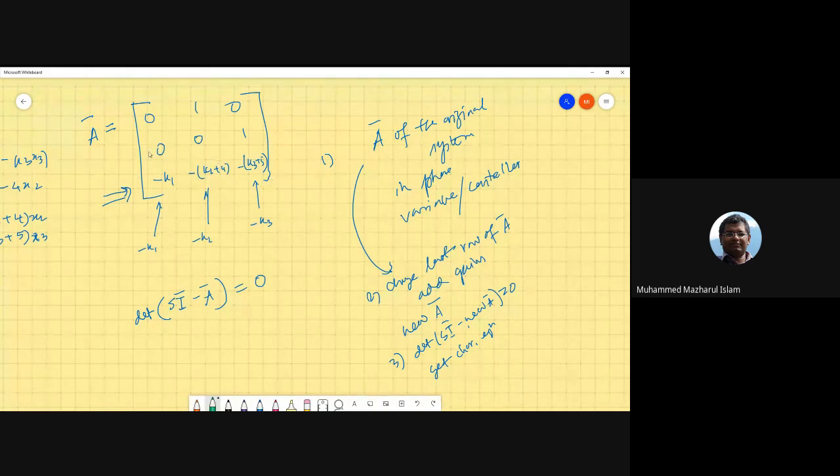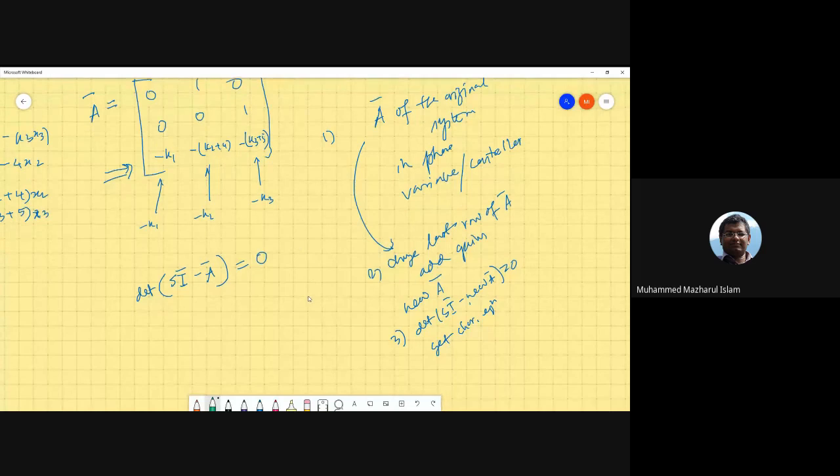And this is how you can get the new A. And from the new A, we will determine the characteristic equation, and that is found by simply calculating the determinant of sI minus A equals 0. So that is where we ended the last class.